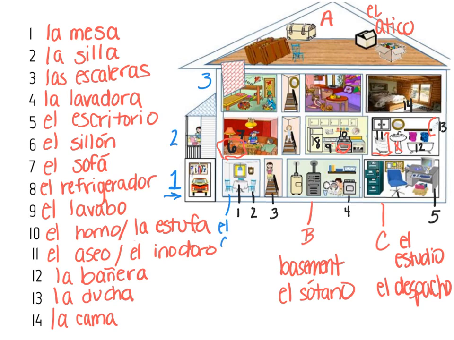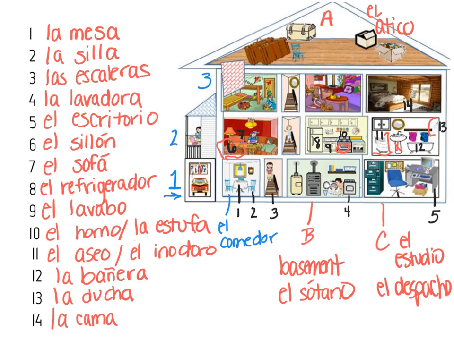Again, the dining room wasn't in the other diagram. Y el despacho. En el primer piso, on the first level, the first floor, hay la sala, la cocina y el baño. En el segundo piso hay tres cuartos, tres dormitorios.